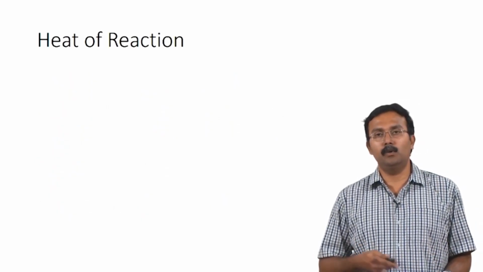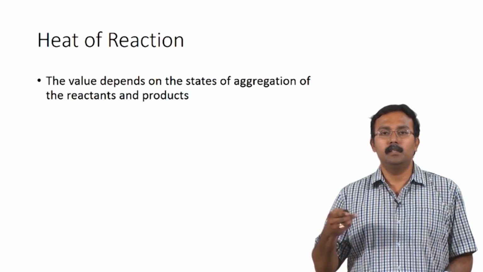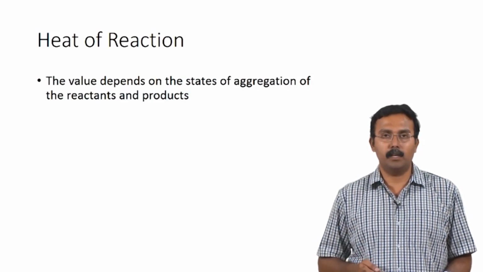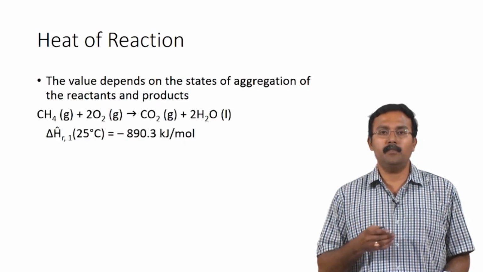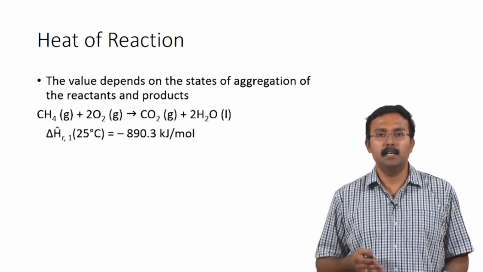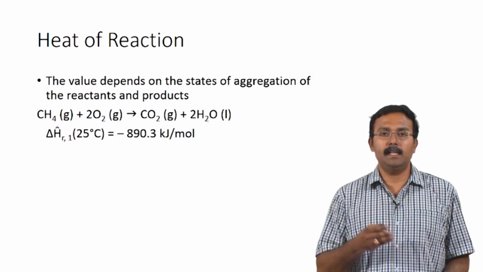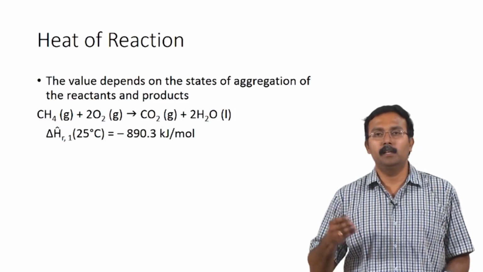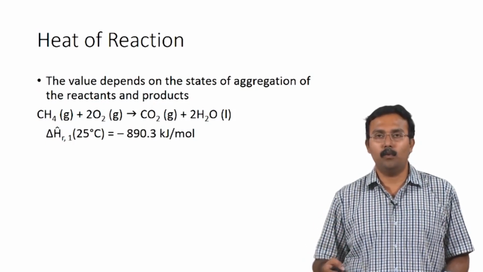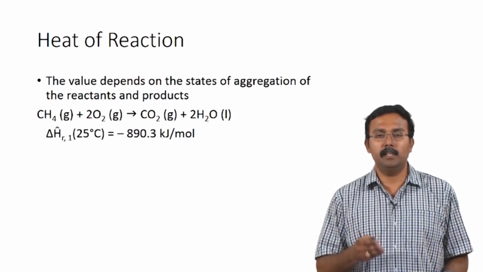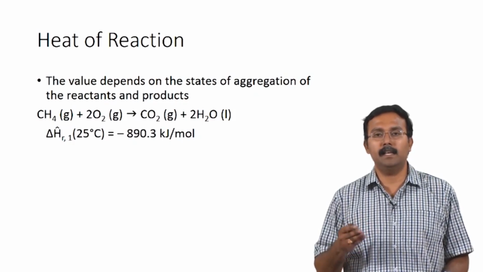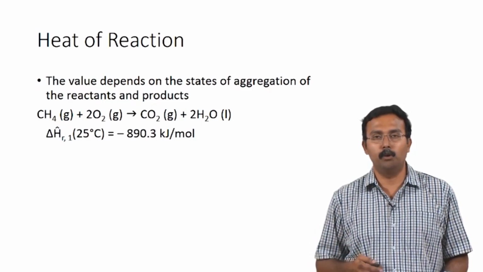Similar to this, you also have the effect due to the state of aggregation of the reactants and products. So, if the state of aggregation of one of the components changes, then your heat of reaction will also change. If you have methane gas plus oxygen gas forming carbon dioxide gas and water liquid, you would have the heat of reaction as minus 890.3 kilojoules per mole.